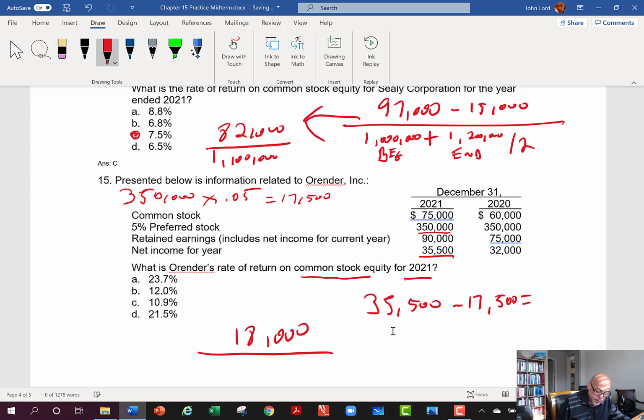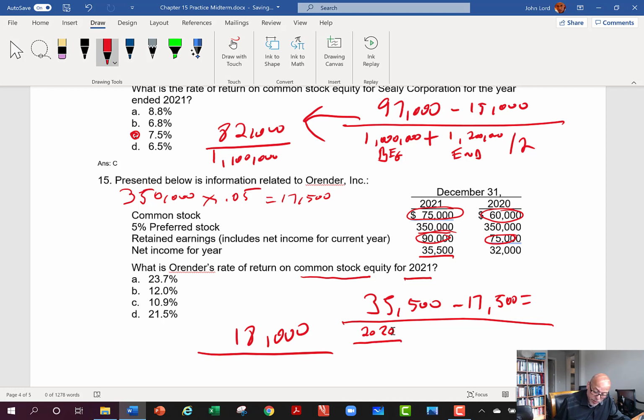So that gets a little bit trickier in that you're going to have to pick up your common stock and pick up your retained earnings in these calculations. So now you'd have to take, we'll just put 2020 first. Okay, that's not a number, guys, that's a year.